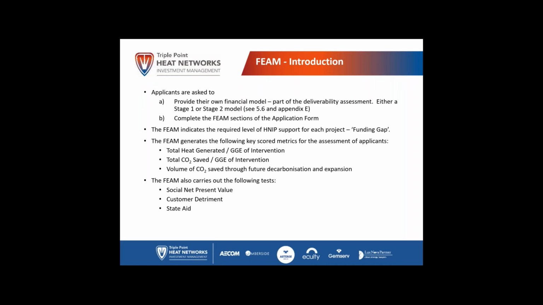It also generates 3 key scored metrics for the assessment of applications. It generates a metric that is the total heat generated by the scheme divided by the gross grant equivalent to the intervention. So as Andrew mentioned, the gross grant equivalent of £1's worth of grant is £1.